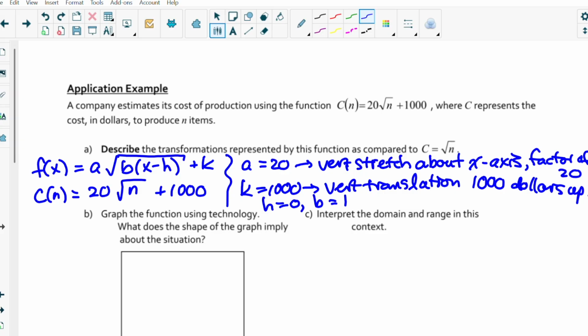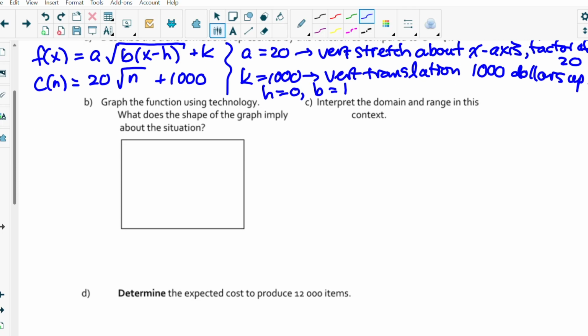Okay, graph the function using technology. What does the shape of the graph imply about the situation? So my X window: 0, 15,000, 100. Y window: 1,000, 4,000, and 100.